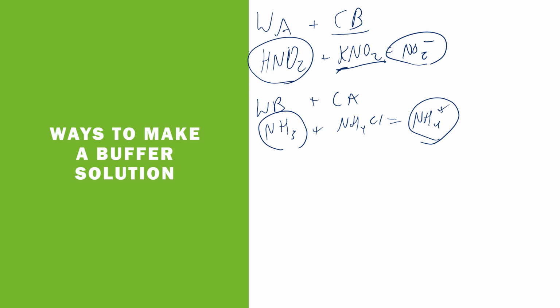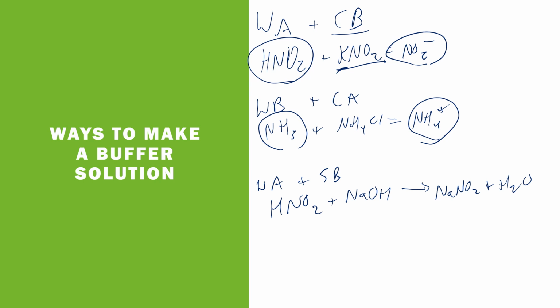But you could also form a buffer solution by reacting a weak acid with a strong base. Weak acid with a strong base. So if I use that HNO2 example and react it with something like sodium hydroxide, that's going to form sodium nitrite and water.